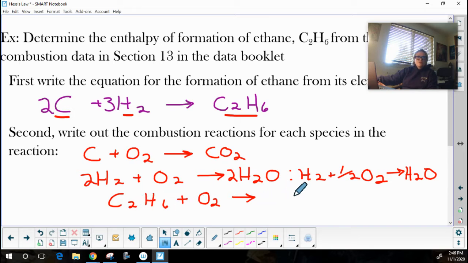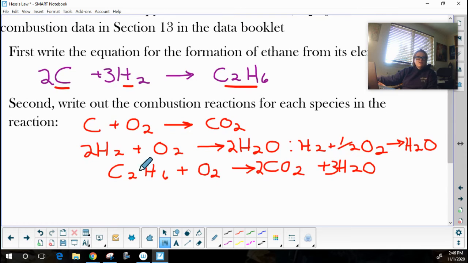So hydrocarbon burning in oxygen, you'll always get carbon dioxide and water. And I'm going to go back and balance. Throw a 2 here, because there's 2 here. Throw a 3 here, because 3 times 2 makes 6. Then I've got 4 plus 3 makes 7 oxygens on my right, and I only have 2 on the left.